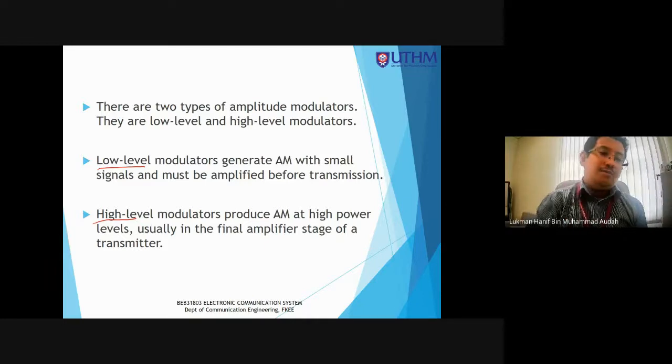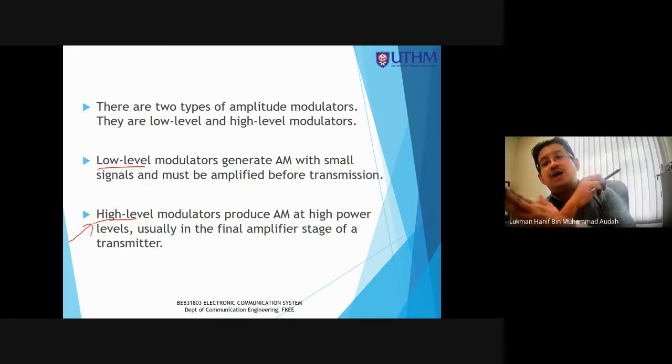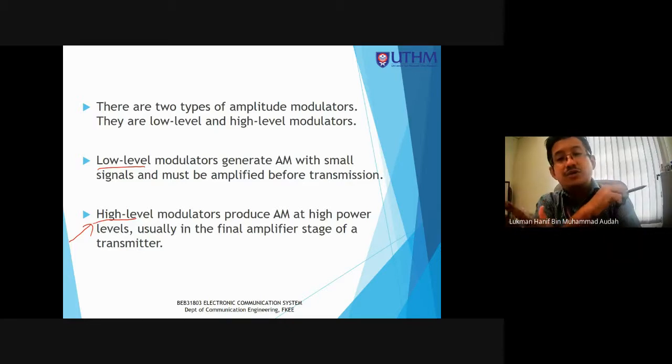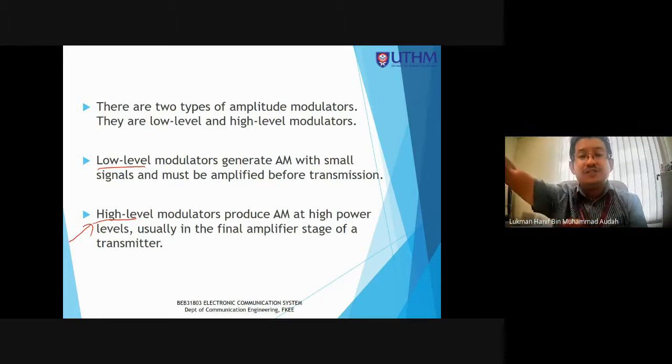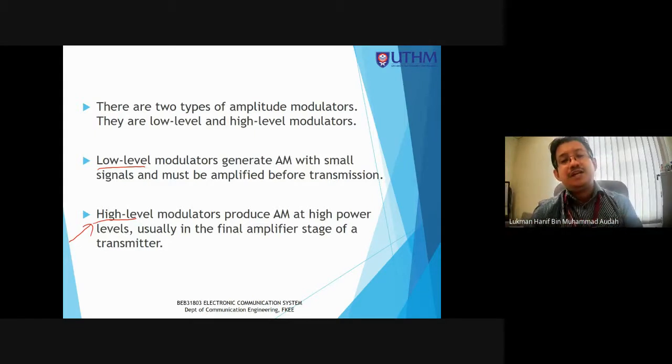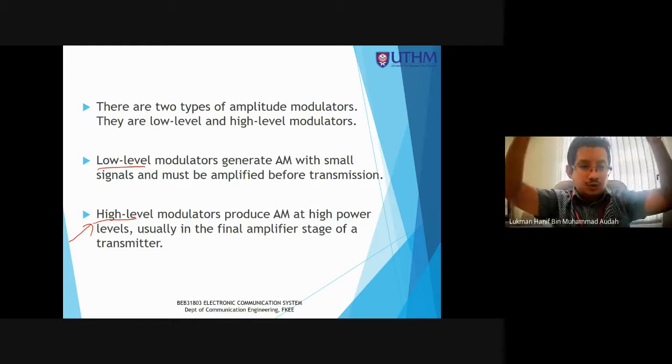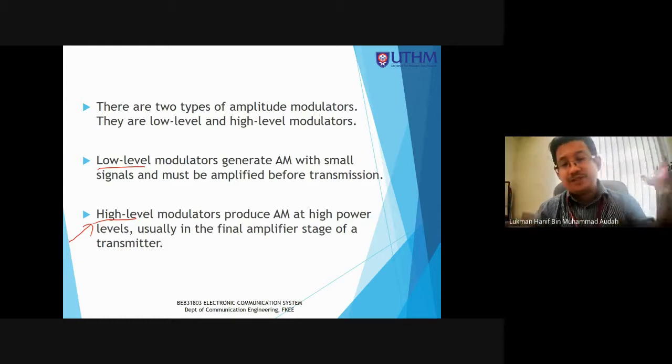Okay. Berbeza dengan high level modulators produce a higher output power which is suitable for transmission. So output daripada high level modulator ini menghasilkan power yang besar dan sebenarnya sudah sesuai untuk terus dihantar. So dia ada dua jenis yang utama kategori dan untuk setiap kategori ini ada banyak sebenarnya.